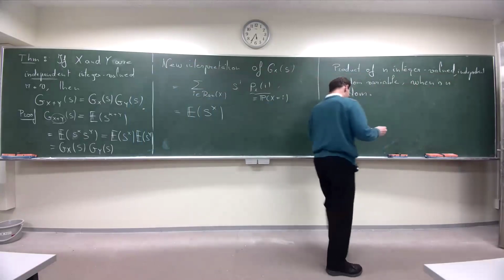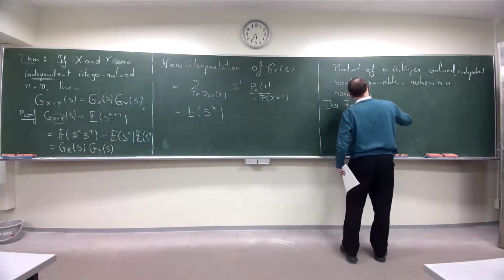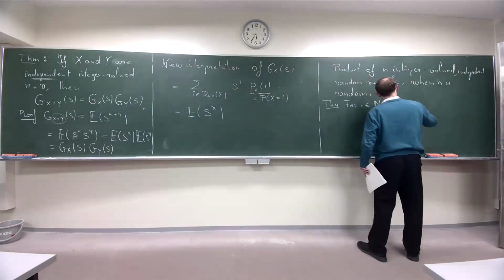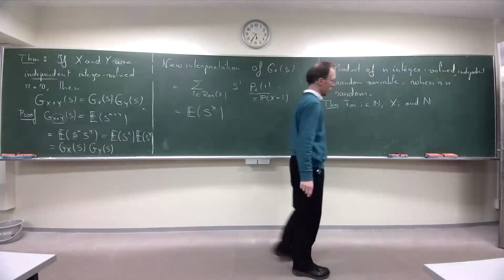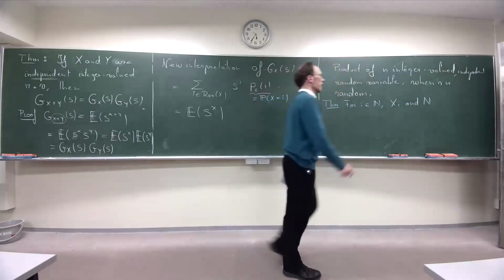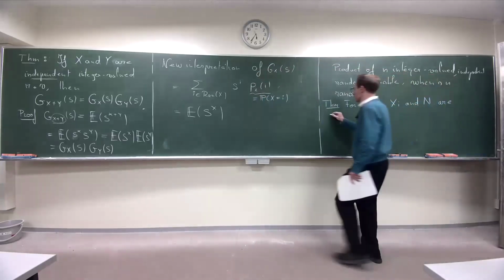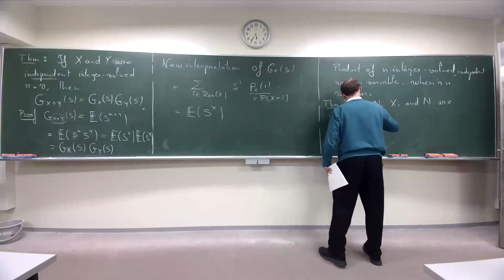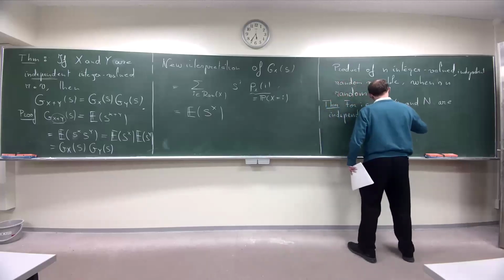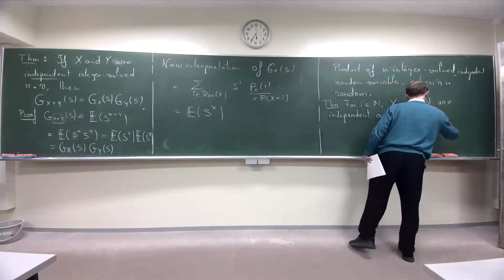So I need to define, for any i, Xi and N. Now capital N is going to be a random variable. Xi and N are independent, and integer valued random variables.